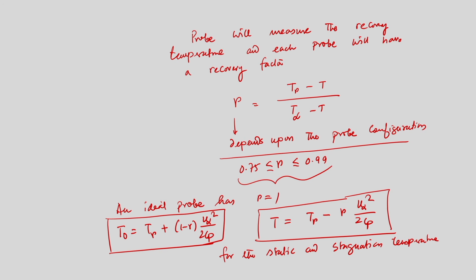The value of this recovery factor will be equal to 1 for the ideal probe, but since all the processes are not isentropic, ideal processes, the value of R will always be less than 1. For that we have seen two different equations which will be used to measure the static and stagnation temperature using a special probe, the Winkler probe, and we have discussed the configuration of the Winkler probe.